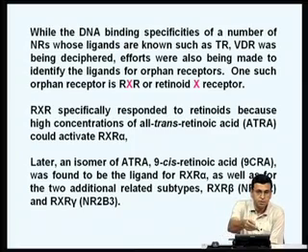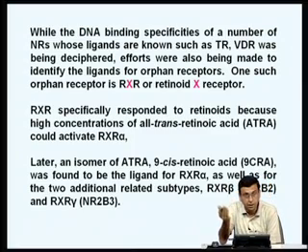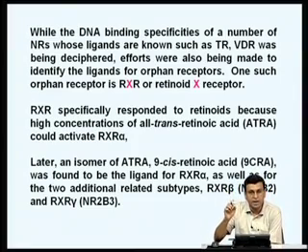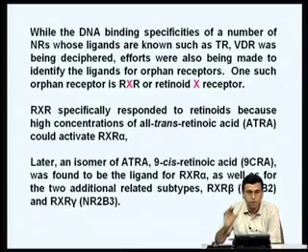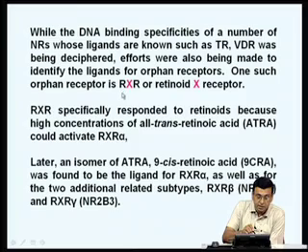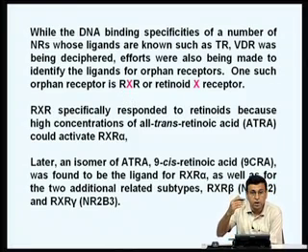Because in the previous couple of slides I actually showed the identification of retinoic acid receptor. The retinoic acid receptor activates transcription in response to all trans retinoic acid, that is the ligand for retinoic acid receptor. But there is another receptor which was called Retinoid X receptor or RXR. Now, what is the difference between RAR and RXR?